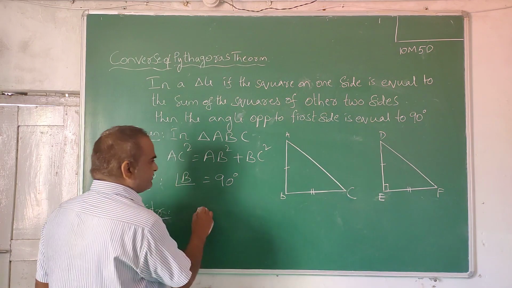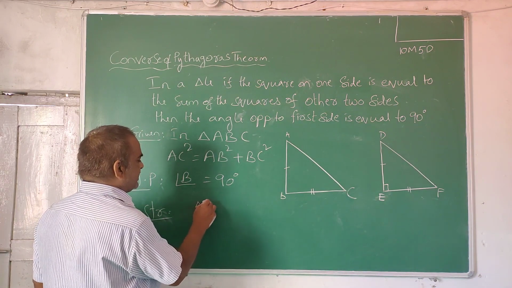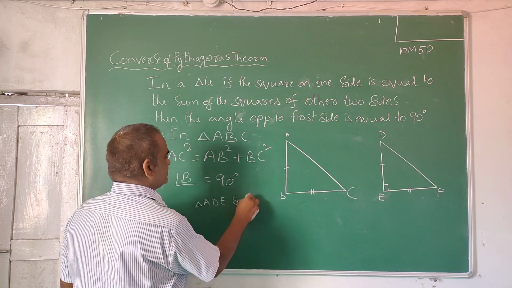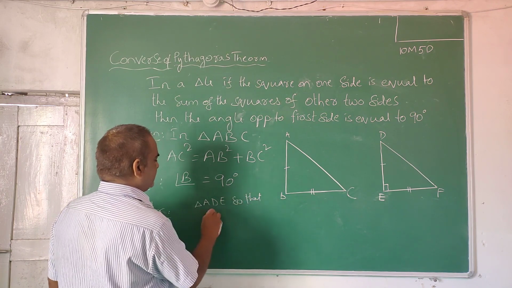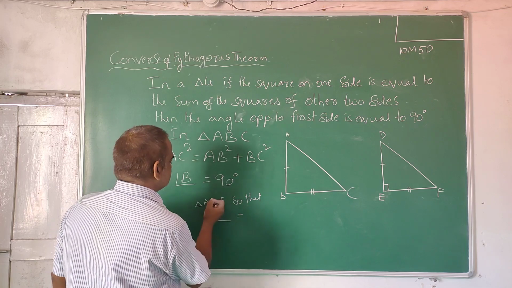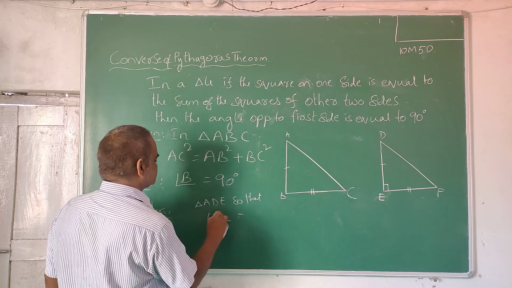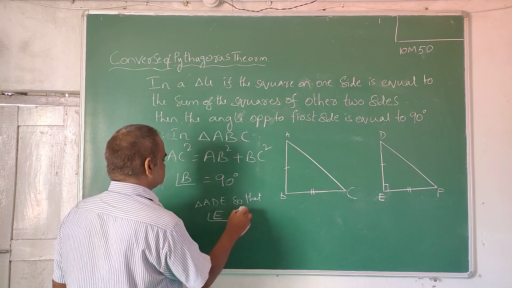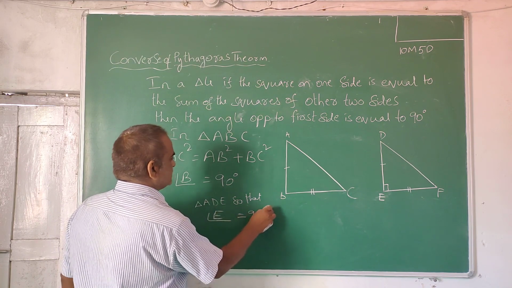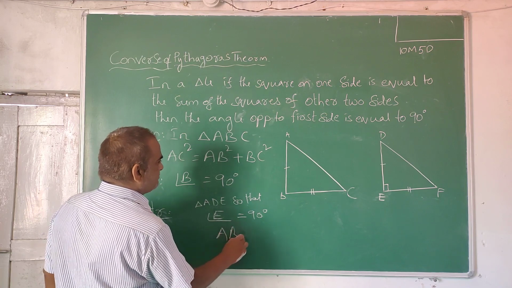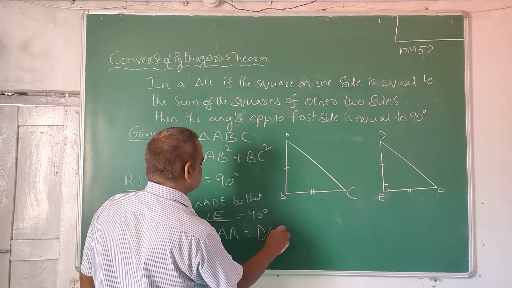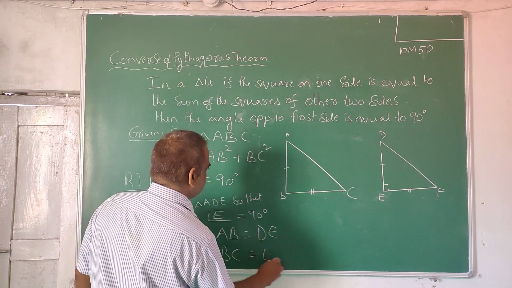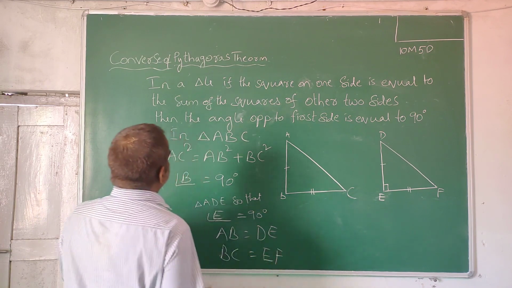So the construction is: construct triangle DEF so that angle E is 90 degrees, and AB is equal to DE, and BC is equal to EF. This is our construction.